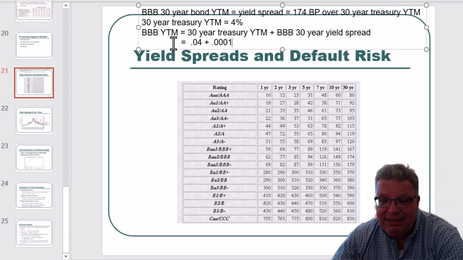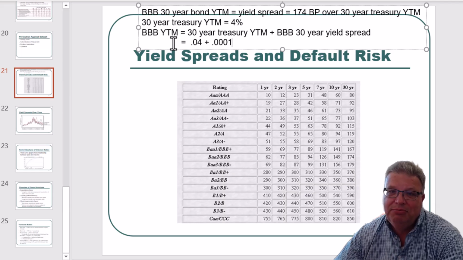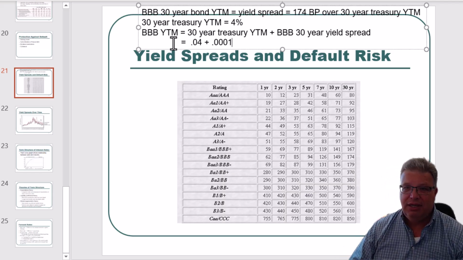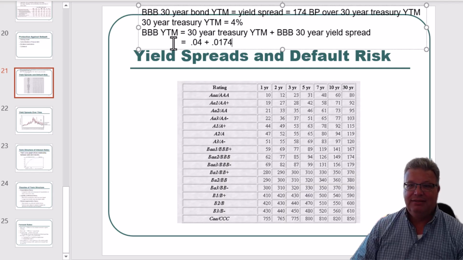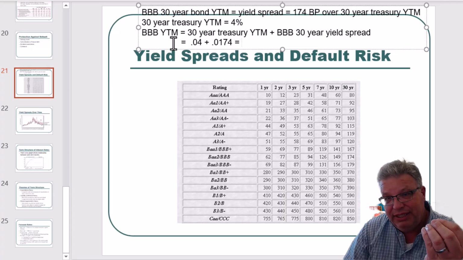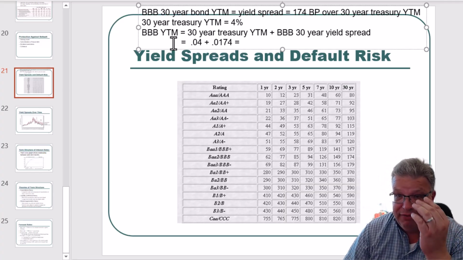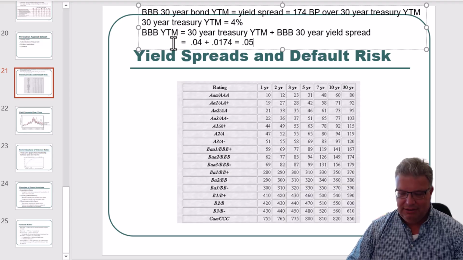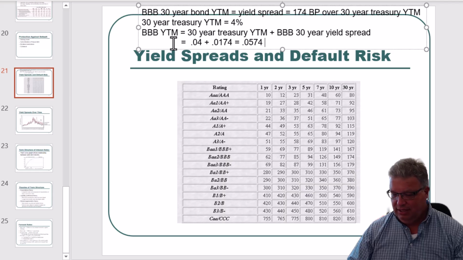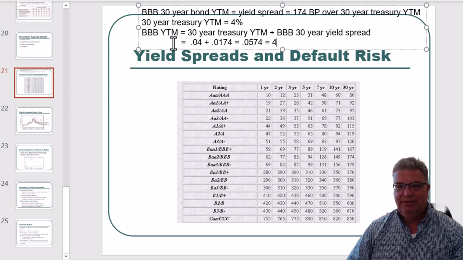That in decimal form is 1 basis point, and so 174 in decimal form would be like this. And so our estimated yield to maturity for this triple B, 30-year bond is going to be 0.0574.